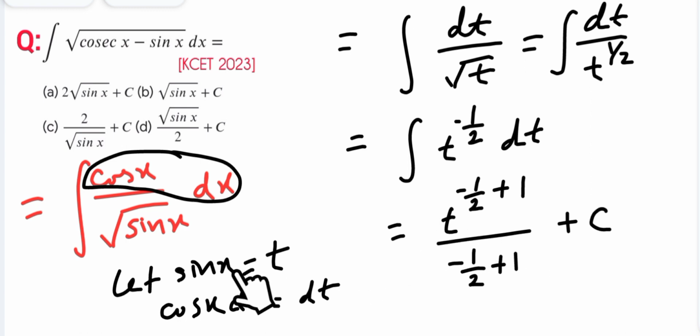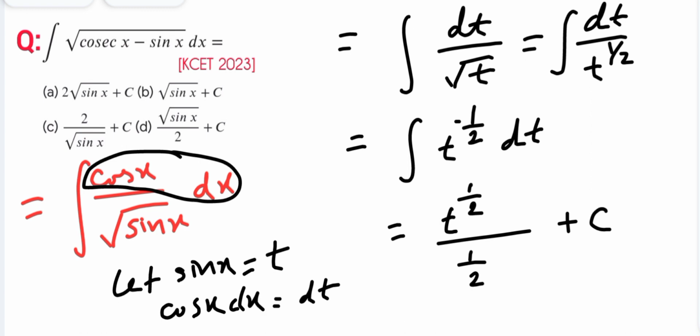Now I replace t with sin x, and minus half plus 1 will be half. Minus half plus 1 means 1 minus half, which is half. So the numerator power is half and the denominator is also half.